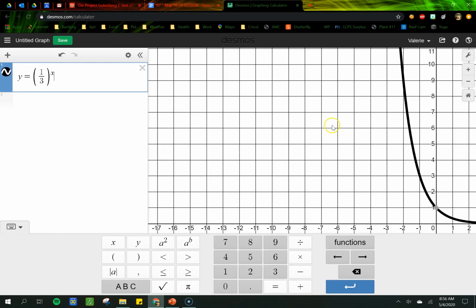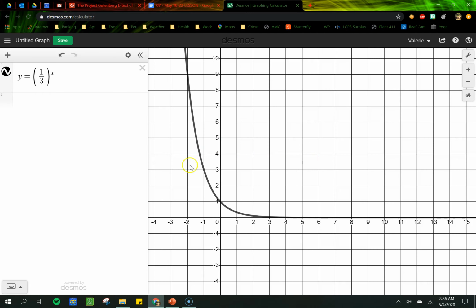Notice we do have a decreasing line here. If we take our cursor along the edge, we can see it looks like (-2, 9) is an ordered pair. We look like we're going to have a (-1, 3). Yep, there it was, (-1, 3).